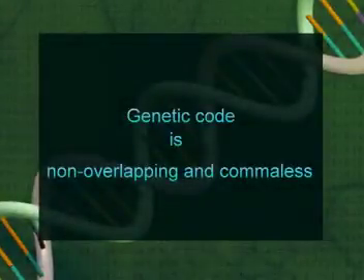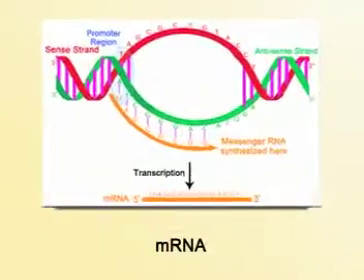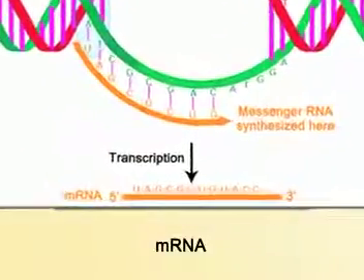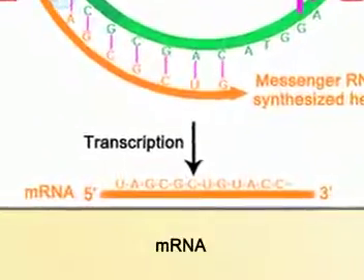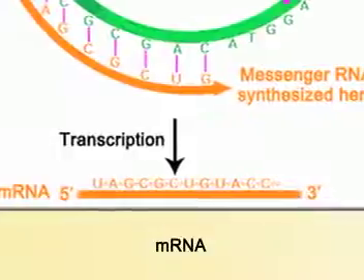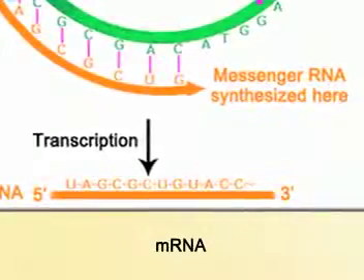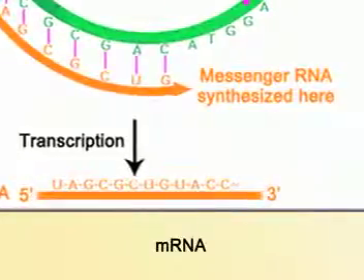Genetic code is non-overlapping and commaless. The genetic code is non-overlapping means that a base in mRNA is not used for two different codons. Commaless code means that no punctuations are between the codons. In other words, the code is read from fixed starting point as a continuous sequence of bases taken 3 at a time.